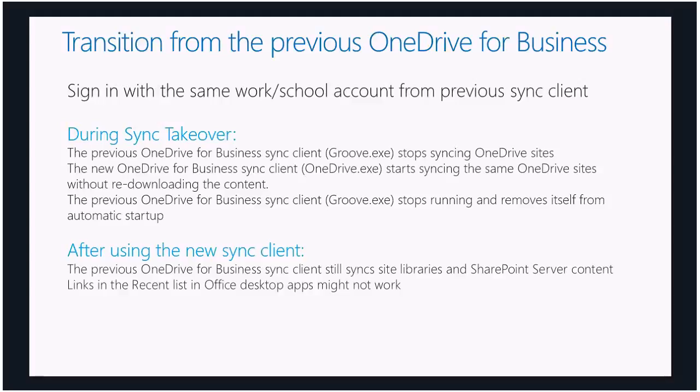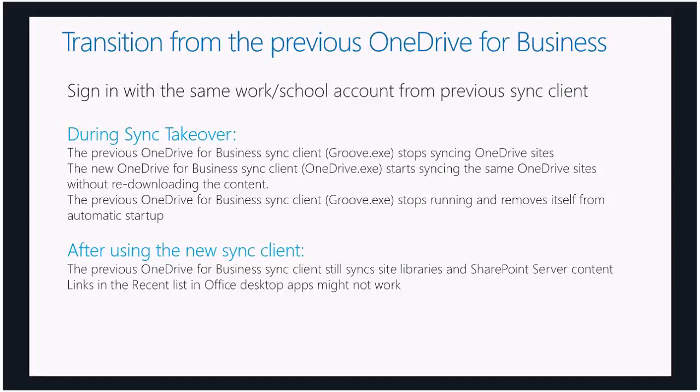group.exe to the OneDrive.exe. You do not need to re-download the content. You just use the existing local content to continue to sync using the OneDrive.exe, syncing exactly the same downloaded content without re-downloading it.